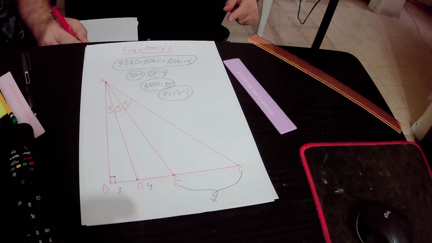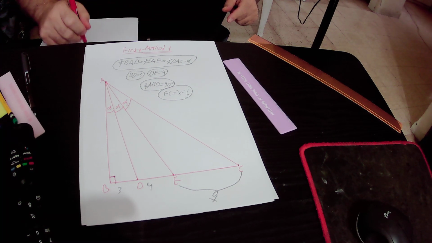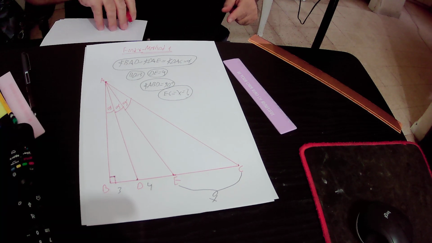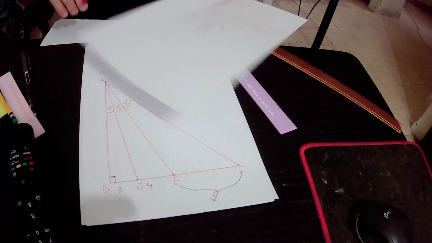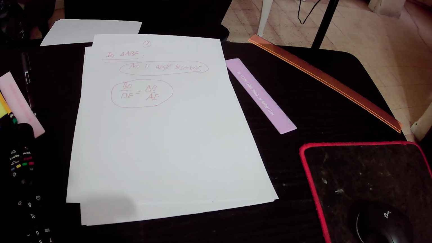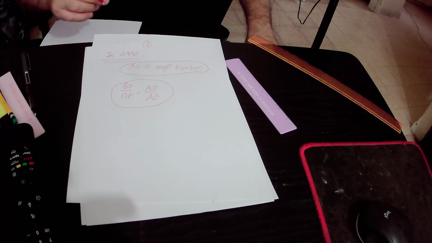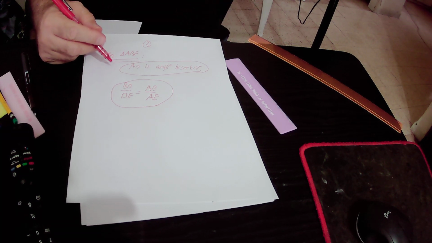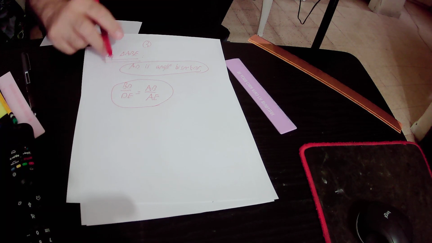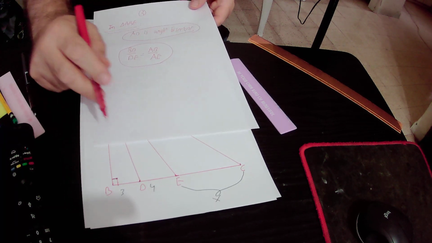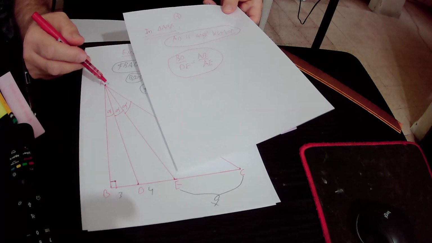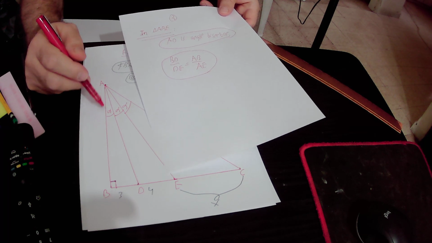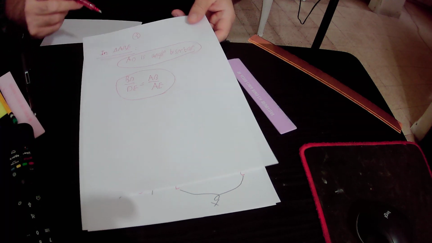So in the right triangle ABE we have angle bisector AD. Therefore, AD divides side BE in a ratio of BD over DE, and that ratio equals AB over AE.